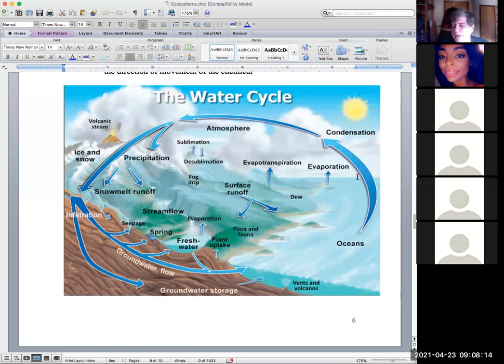Now notice the water evaporating from the oceans and the lakes and the rivers and streams and the water that condenses back into those is really in a dynamic equilibrium. So remember, we talked about a dynamic equilibrium back in 105 when we were talking about diffusion and osmosis. And in a dynamic equilibrium, we have molecules or atoms moving around randomly as they do, but the movements are equal in all directions.